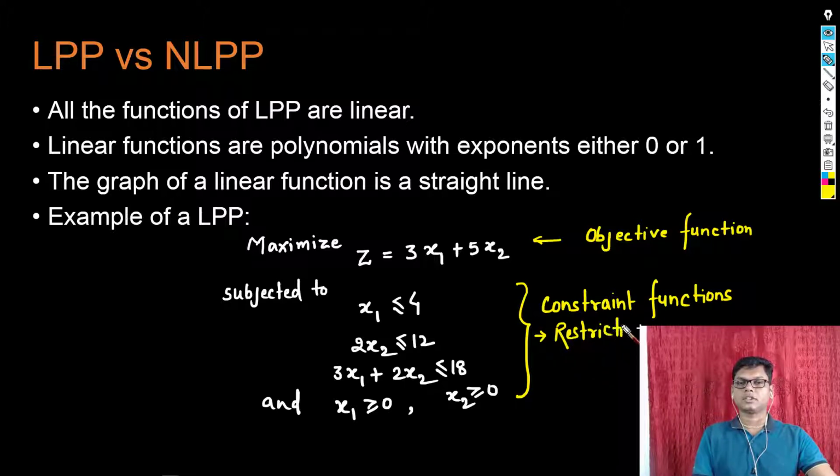These are the restrictions which are put over this objective. The objective is to maximize this function, but we cannot maximize unlimitedly. Rather we need to follow certain restrictions. So this is one linear programming problem.